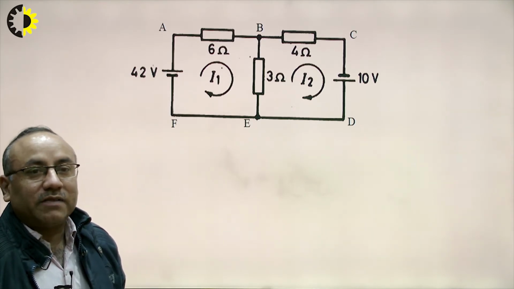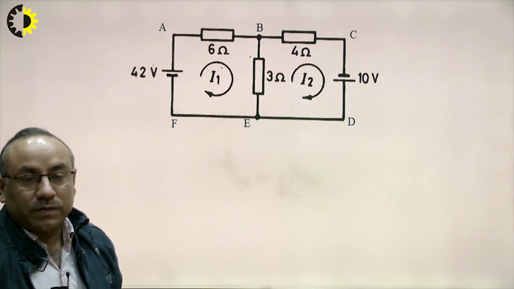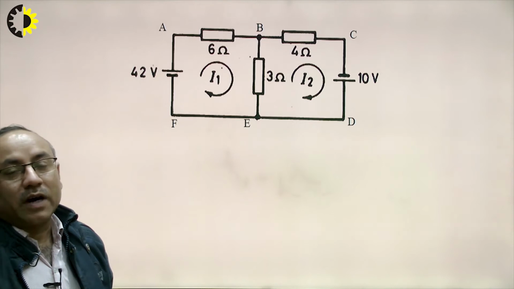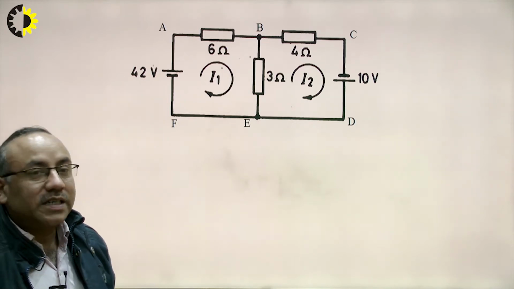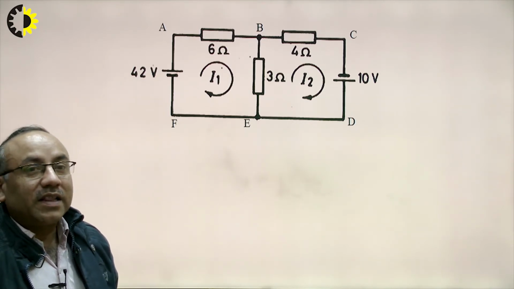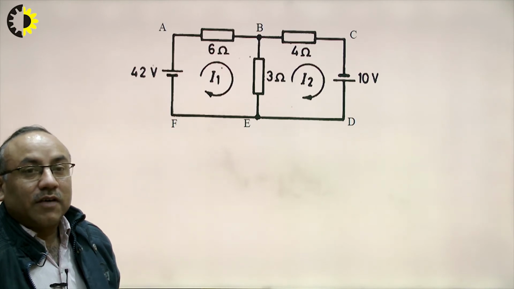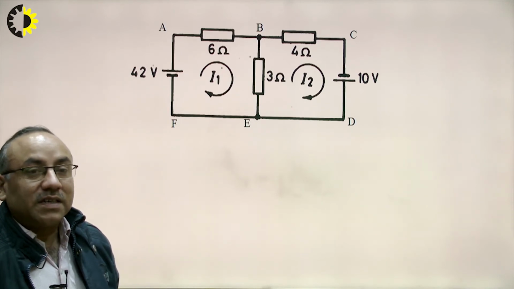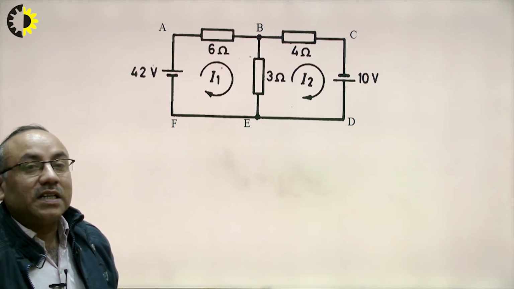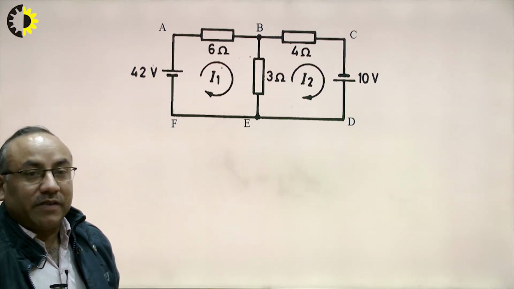Here I have taken clockwise orientation for both I1 and I2. In the next step, we write the KVL equations for these two meshes.